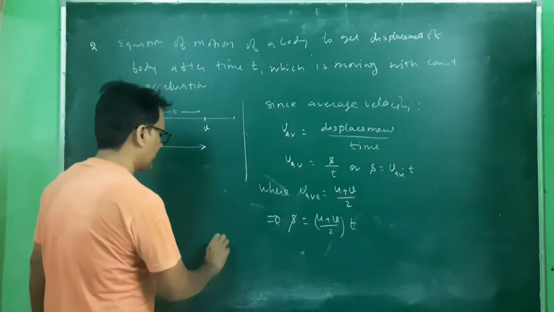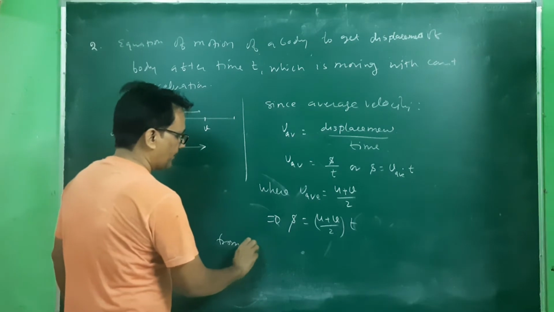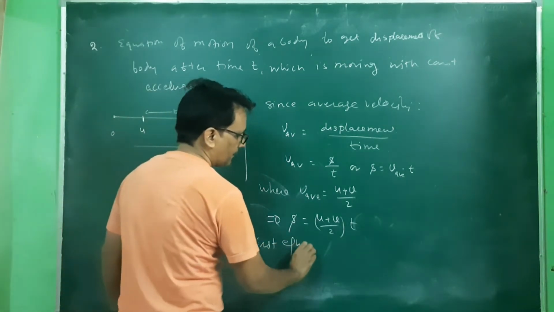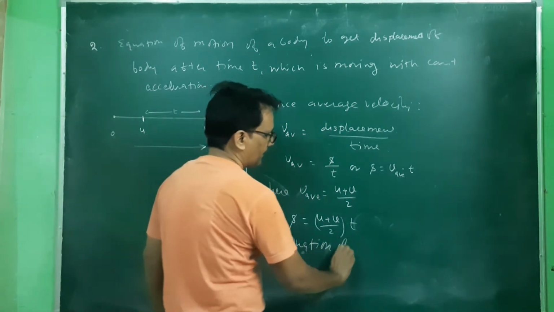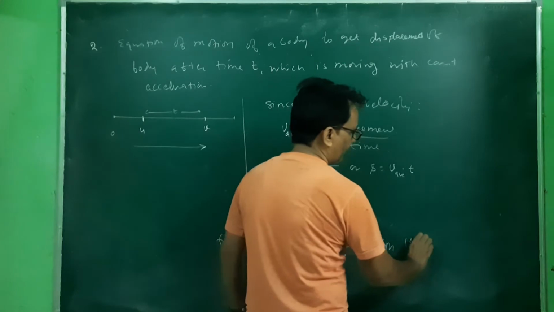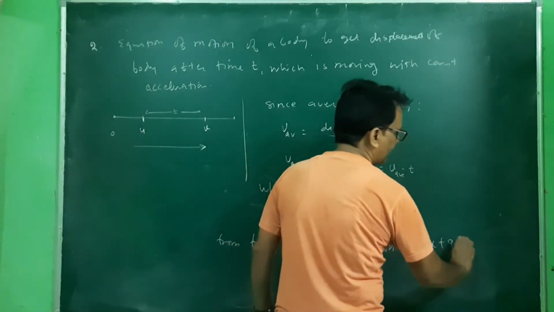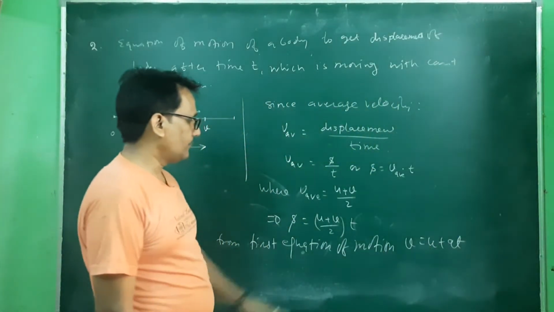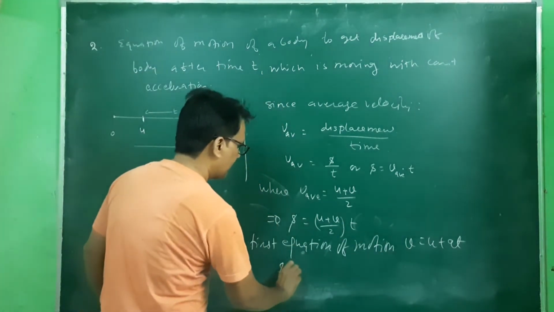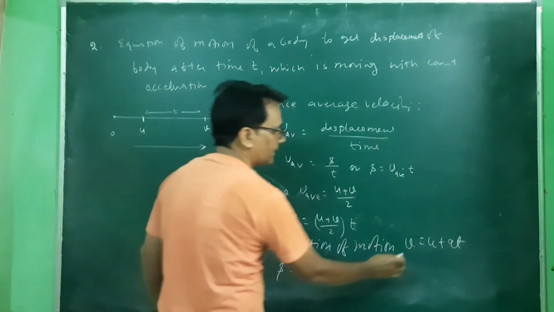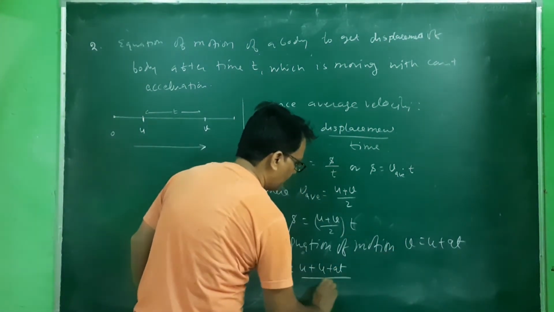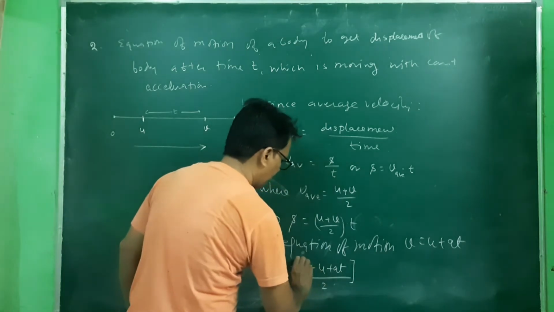Now from the first equation of motion, we have v equals u plus at. We will put this v here, so the displacement is equal to u plus u plus at, by 2, multiplied by t.